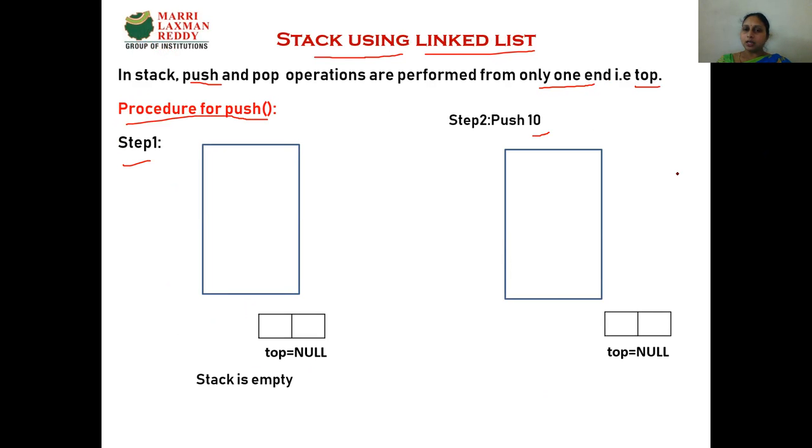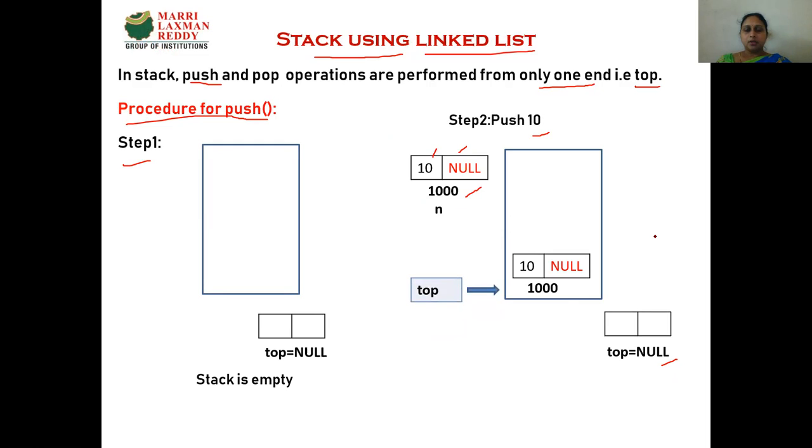For this, first allocate memory with the name n, read the data element as 10 and address as null, and consider the address given for this is 1000, and top is still null. Now the new node which you have created becomes the top node. We place that element 10 on the stack, and top is going to point to that node address.